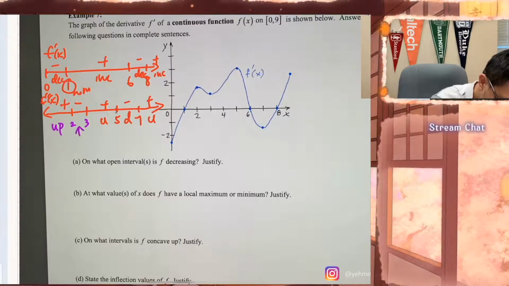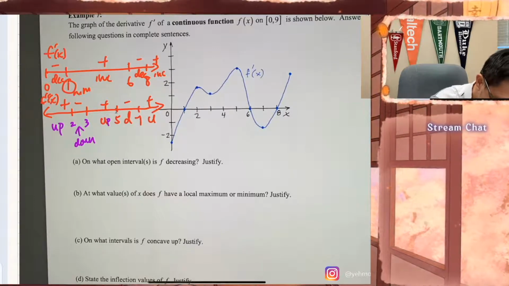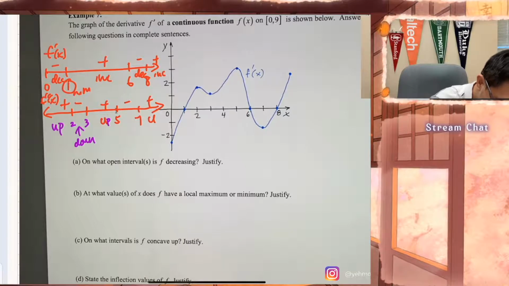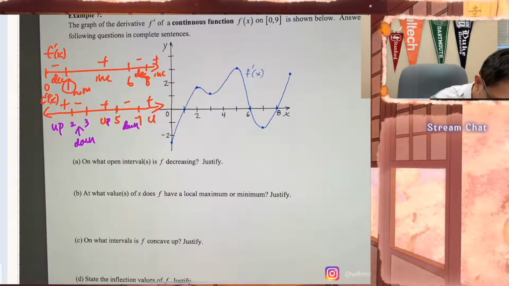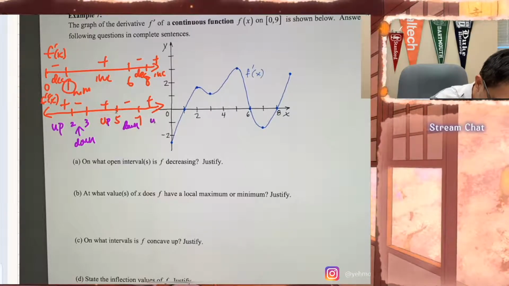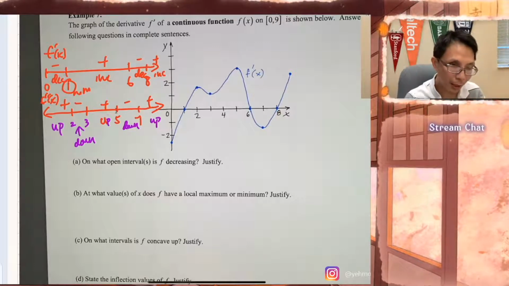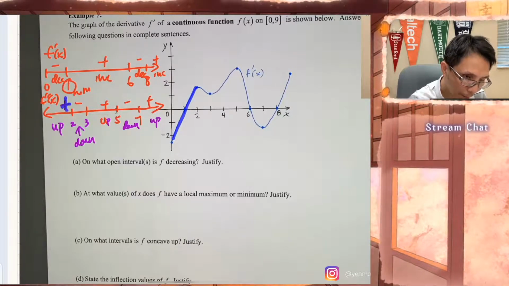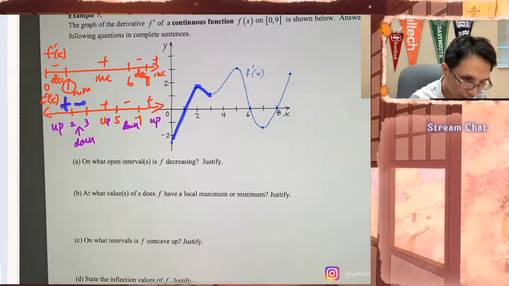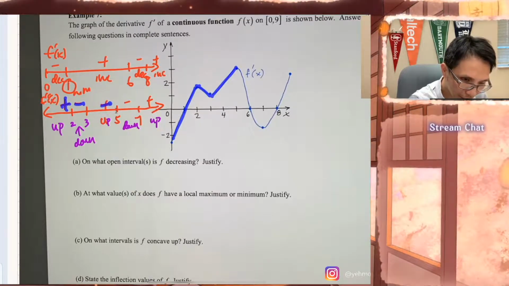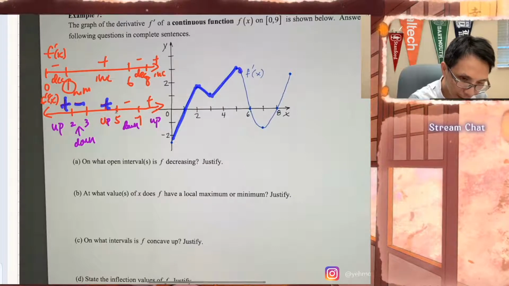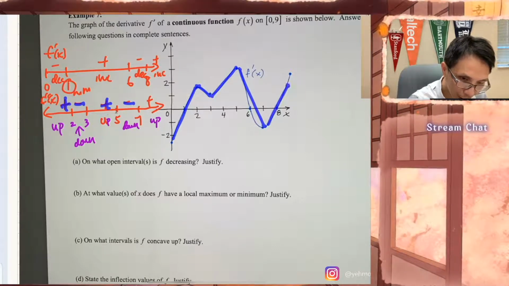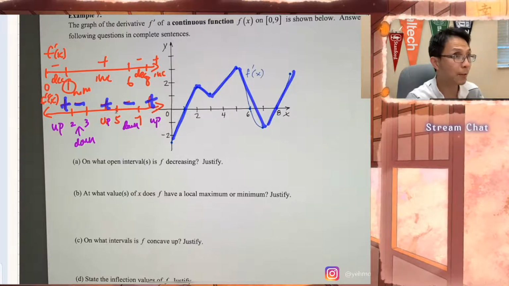And this part is down, and this is up, and this is down, and this is up. Why? Because this one is a positive slope all the way to 2, then negative, positive, negative, and positive. Am I going too fast?